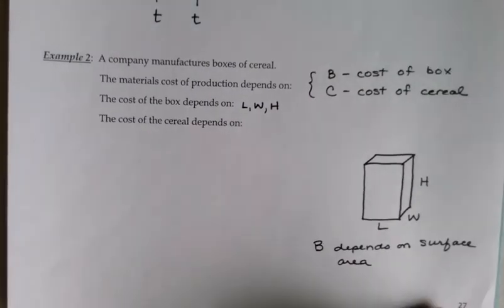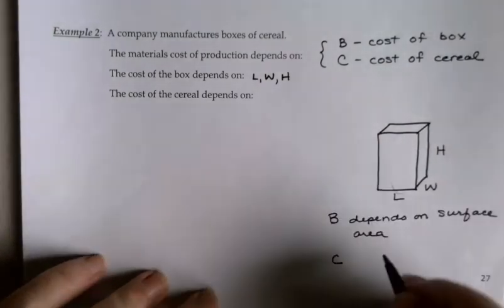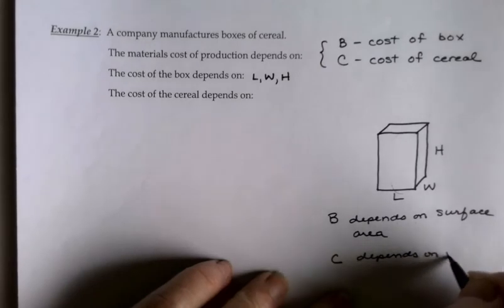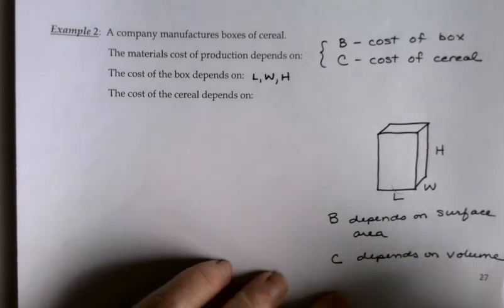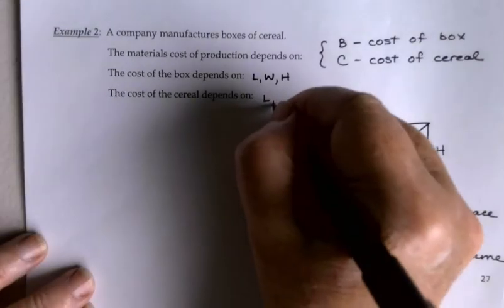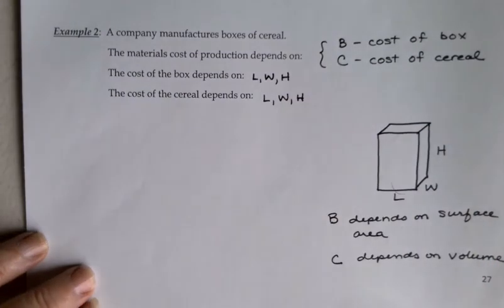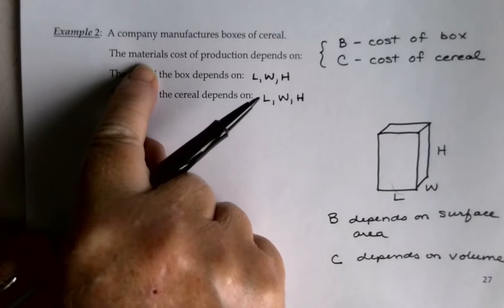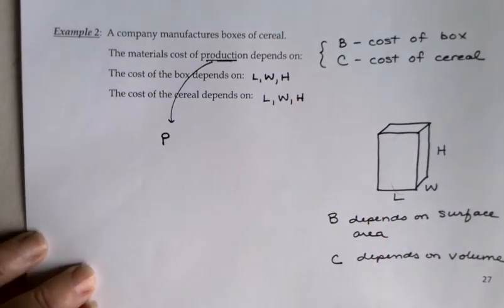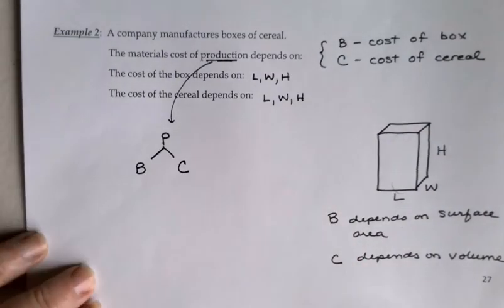The cost of the cereal, what we're calling C, again, assuming we're going to fill up the whole box, depends on the volume. But in turn, the volume of a box also depends on length, width, and height. So, the materials cost of production, let's call production P, depends on, first of all, the box cost and the cereal cost.